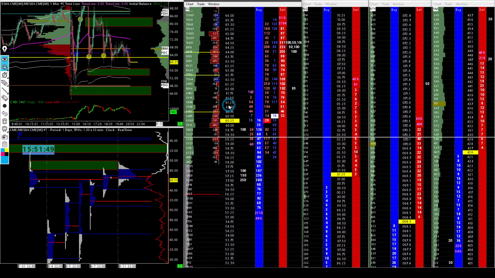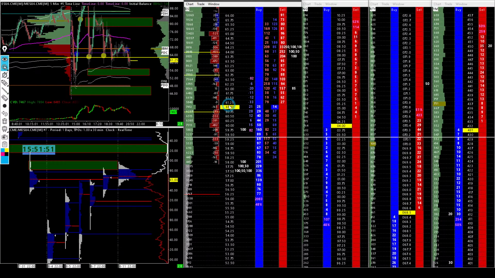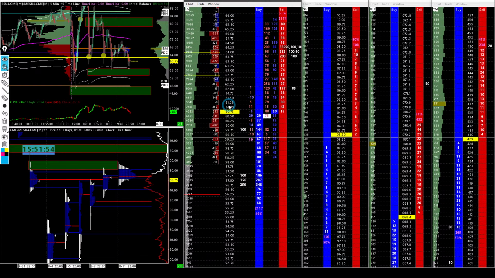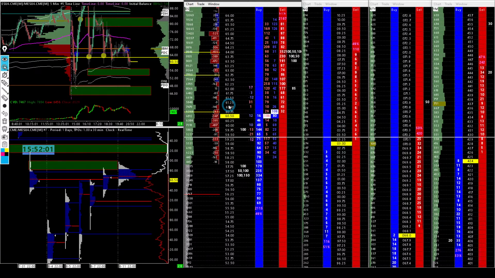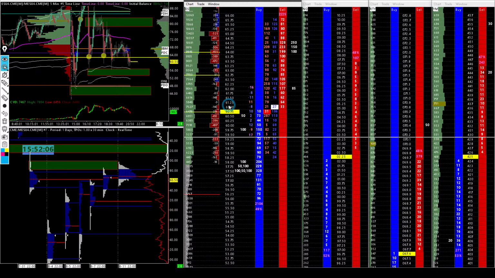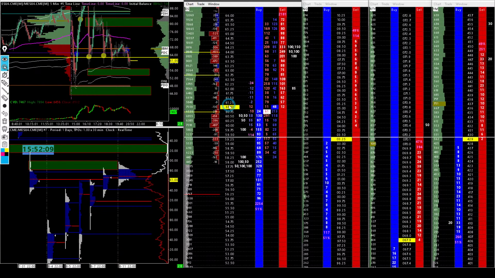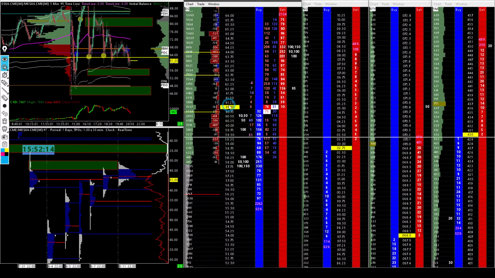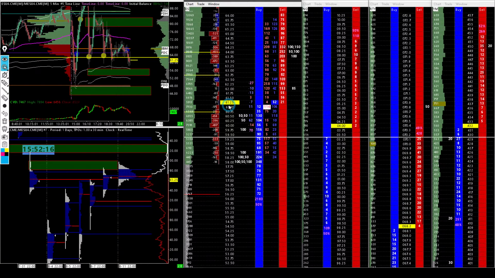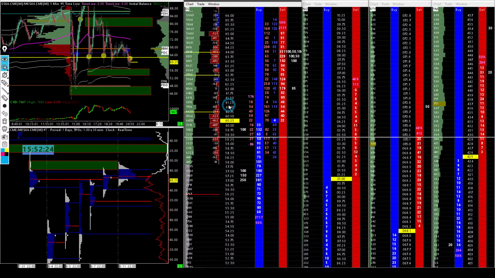Really, really messy action. Well, we'll see what happens when we get the algo smasheroo at 4 o'clock.